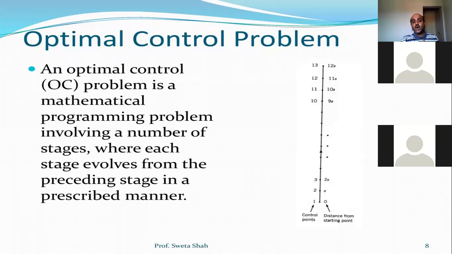It starts from one control point, then 1, 2, 3, and keeps going. The second stage evolves from stage 1, the third from stage 2, and so on. Such problems we call optimal control problems.